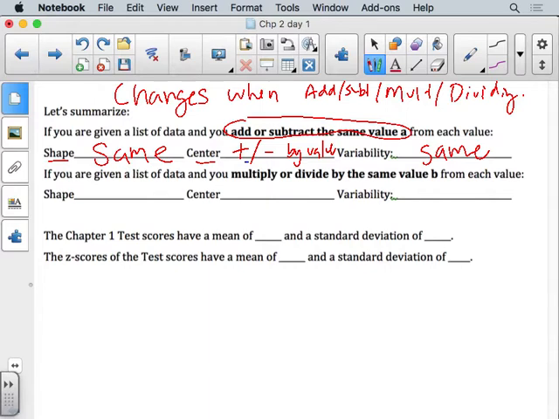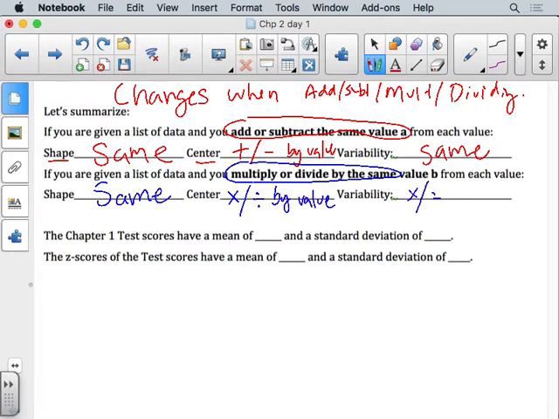Okay, what would happen if I multiplied or divided by the same value? What's going to happen to the shape, the center, and the spread? So actually, no matter what, the shape stays the same. The center would multiply or divide by the value, and so would the variability.